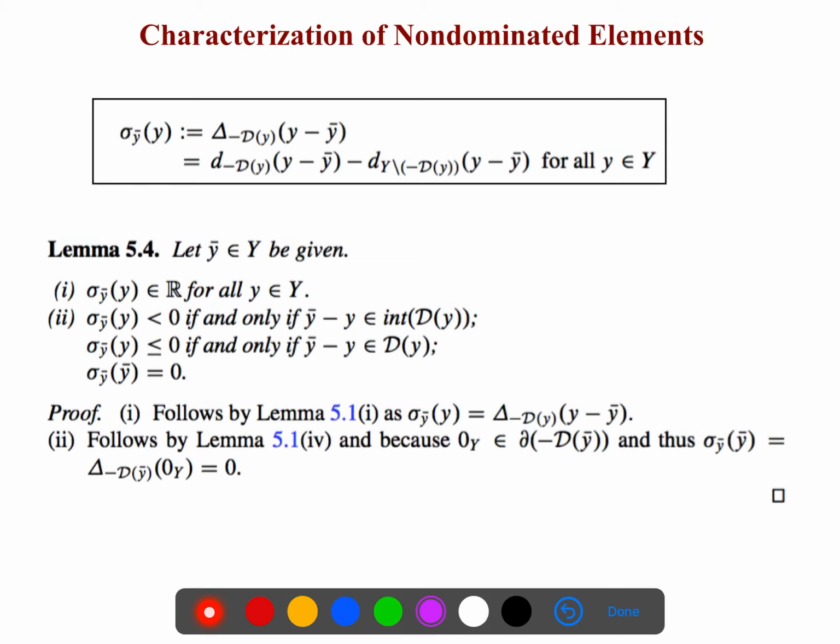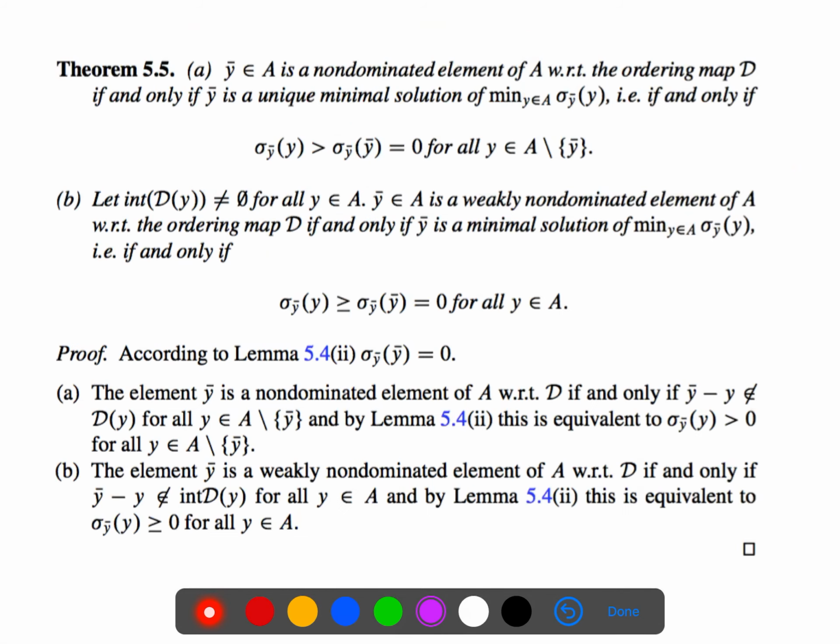For example, if you want to see whether y bar minus y is inside that set valued map, it is enough to say that the functional should be negative or equal to 0. So you're trying to characterize all non-dominated elements with just a simple nonlinear functional.